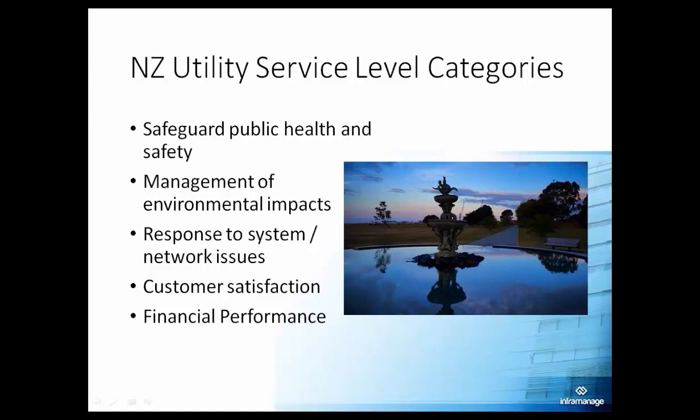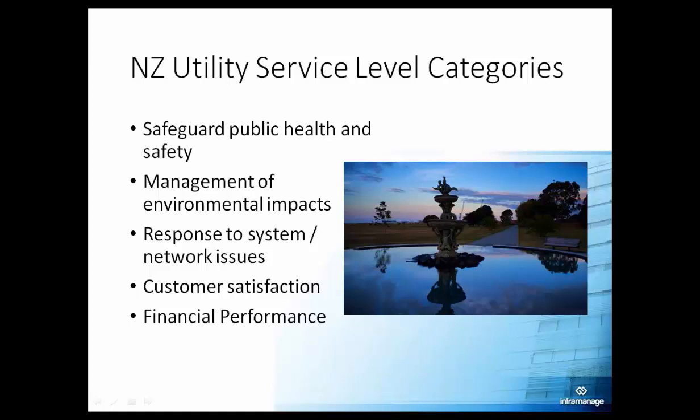There's a group of service levels around response to system and network issues, so how do you respond to breaks or blockages in a wastewater system, how fast, what sort of measures do you have for time on site, time for restoration, those sorts of ones. There's a whole group of service levels around how satisfied the customer is with the service that you're providing, and then the financial performance ones are basically bang for the buck. How much does it cost? Do I get good service for that?